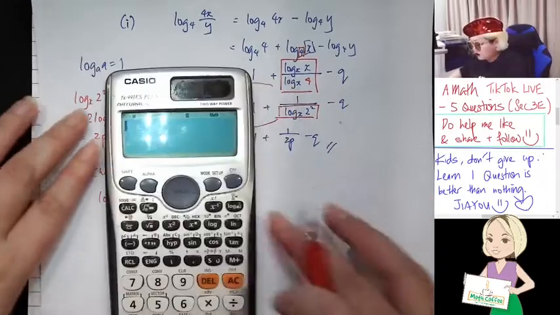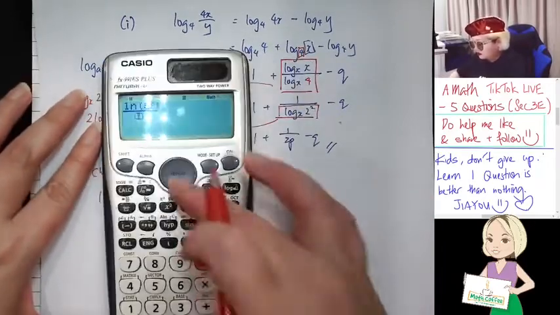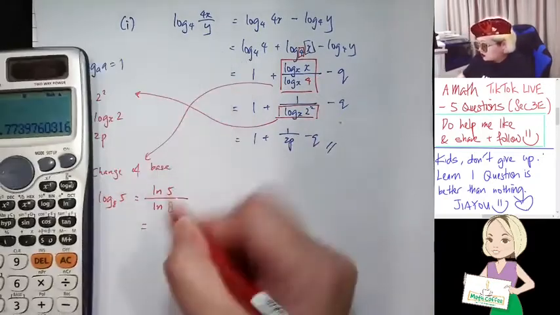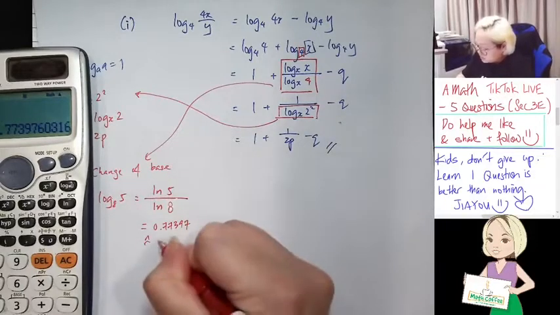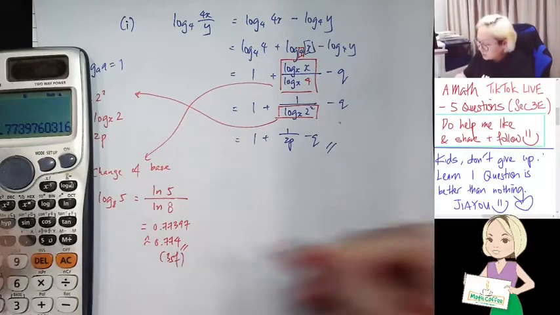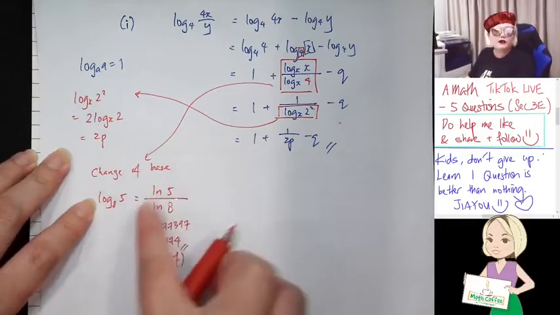So I have put the fraction ln 5 over ln 8, and we know that it will be 0.77397, about 0.774. Okay, I'm just showing you how to change of base, to any base you want.